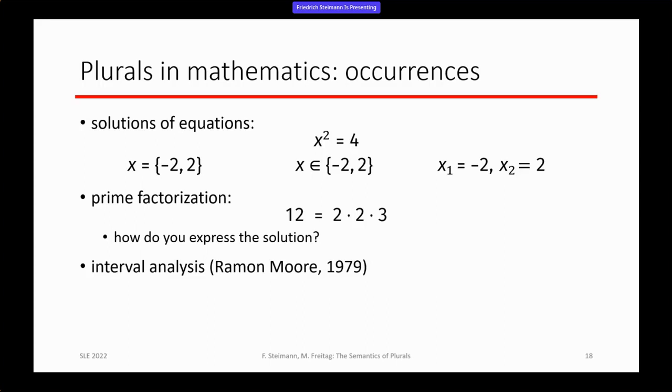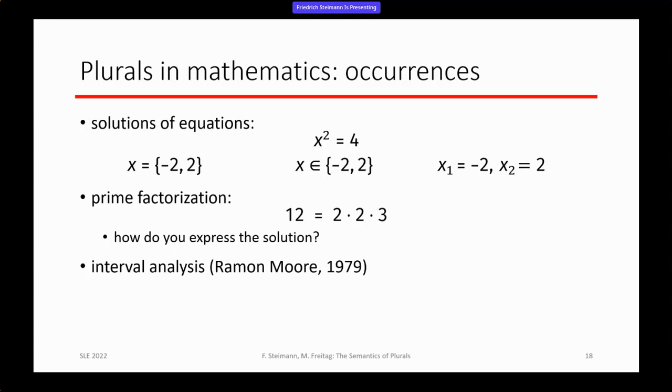And another form of plural that we found by looking at mathematics is interval analysis. I'm not sure whether everyone is acquainted with interval analysis. It was actually developed in the context of computing, and the imprecision that's inherent in floating point arithmetic on a computer, which is always imprecise.